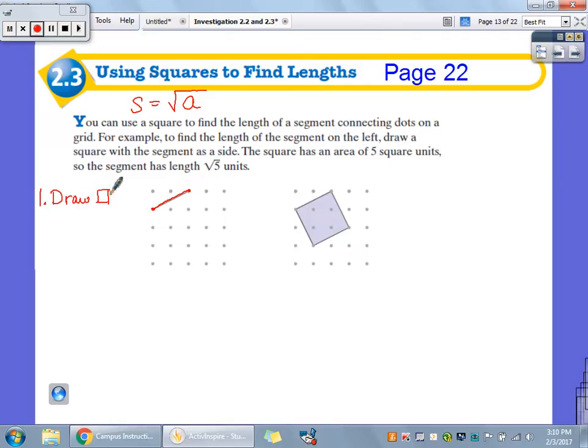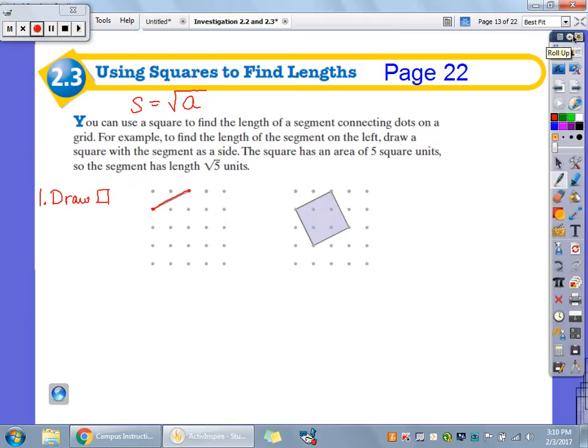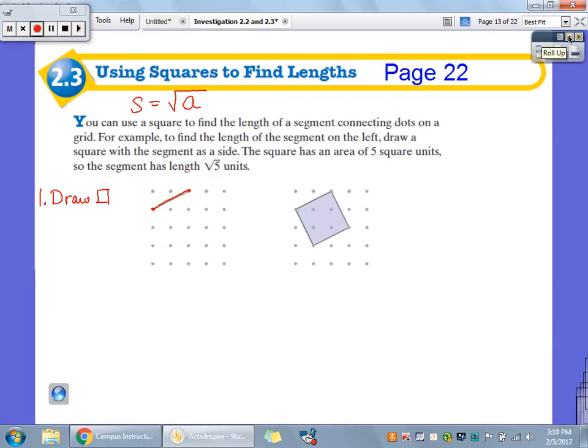If you remember in one of the very first lessons that we talked about, drawing the square, if you can figure out what the slope is from one point to the next, so you go up 1 and over 2, just like our driving directions. So you do your x and your y. From your x, you're going to go over 1, 2, and your y is going to be up 1.